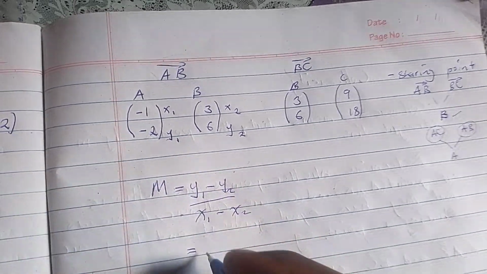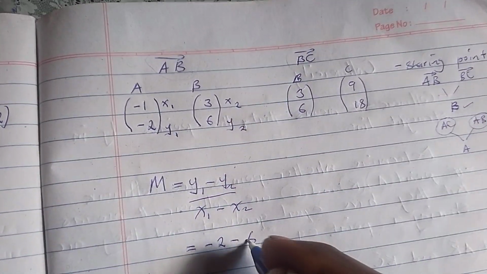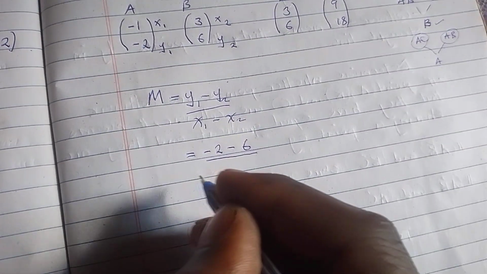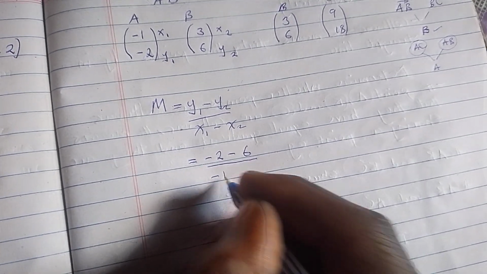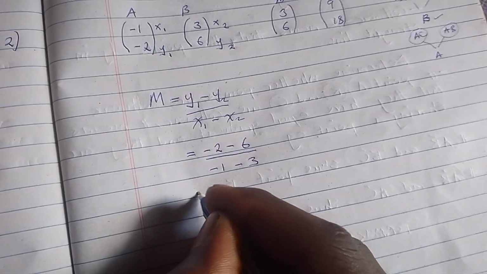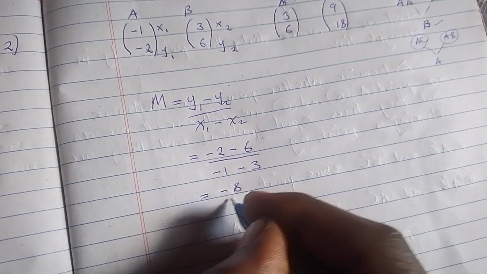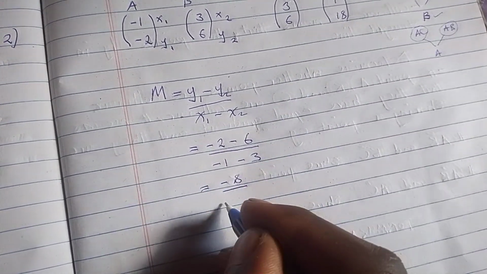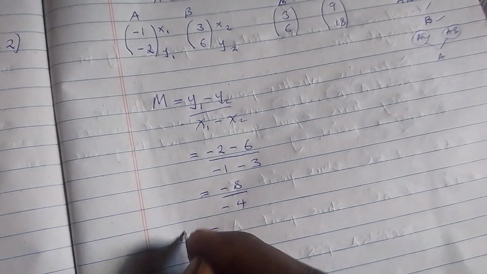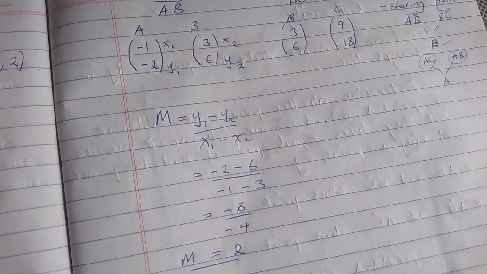For y1, I put negative 2, minus y2, I put 6, over x1, negative 1, minus x2, 3. Then I can simplify: negative 8 over negative 4, which gives us positive 2. So this is the first gradient.